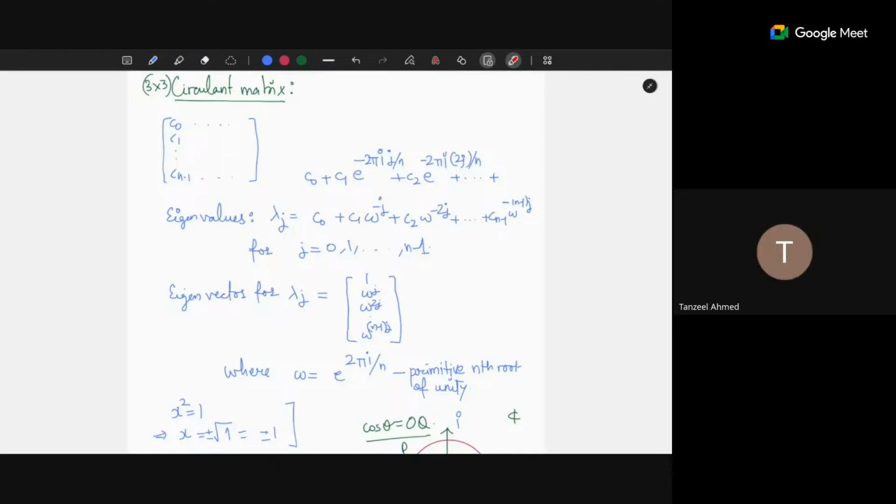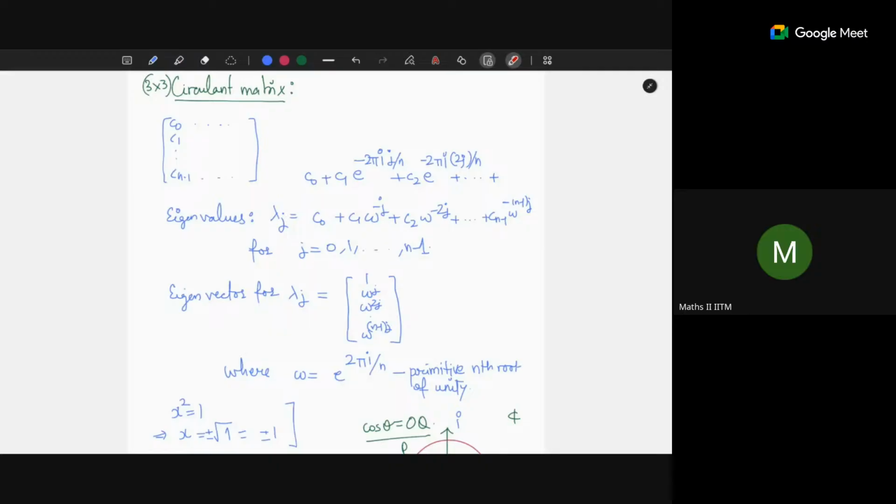Probably there is some very deep reason why the eigenvectors of any circulant matrix are always the same, not dependent on the entries of the matrix at all. It is because of the form of this matrix. This matrix has a very special form.